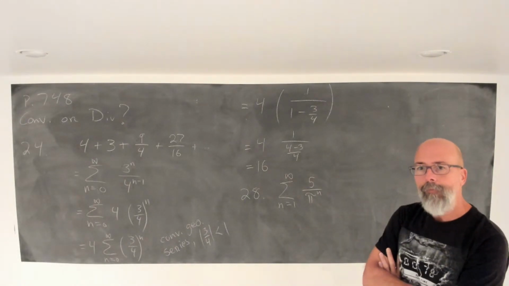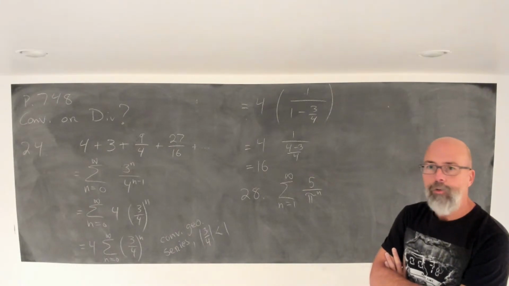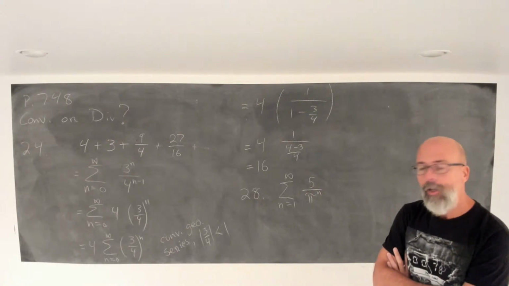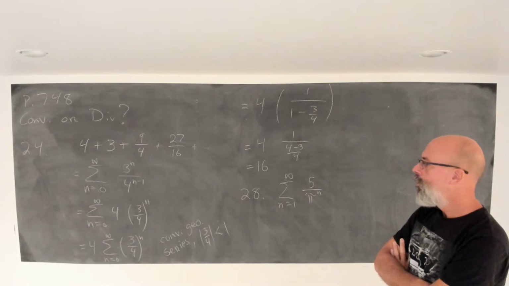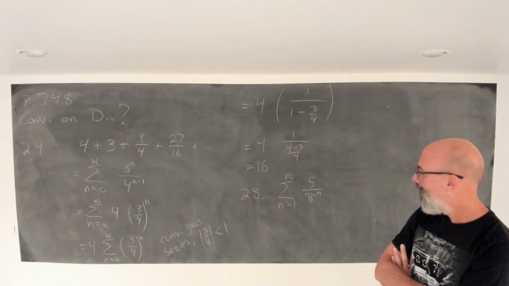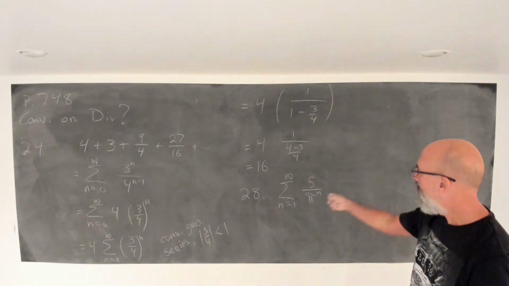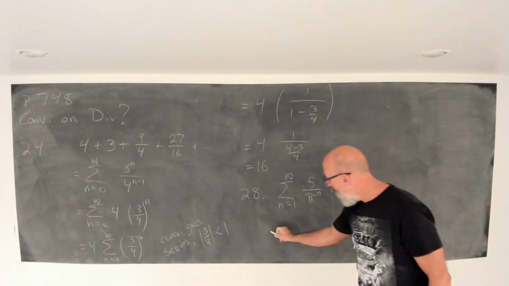Consider this. We need to show what it converges to, absolutely. If you know what the series converges to, you really should show it, even if they're not asking. Here again, you recognize that this is a geometric series, right?